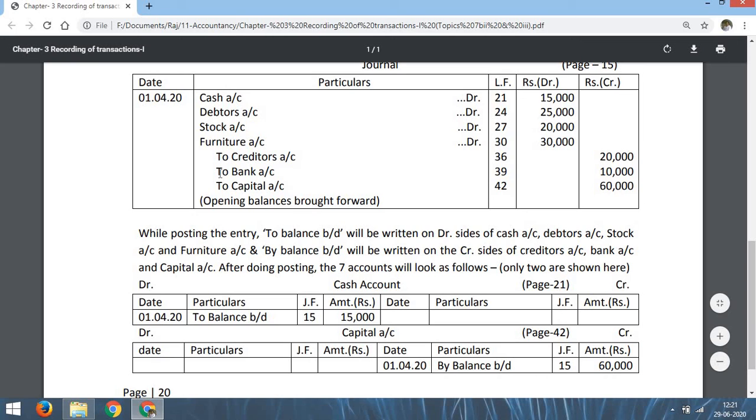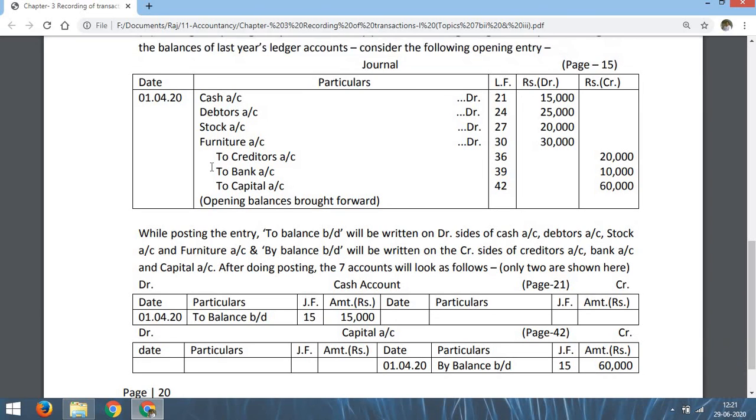But remember, in bank account we shall also write "By balance b/d" 10,000 on the credit side, and in creditors account we have to also write "By balance b/d" 20,000. So like cash account there will be 3 more accounts: debtors account, stock account, furniture account, and like capital account there will be 2 more accounts, creditors account and bank account. So this is the way how to make posting of opening entry.